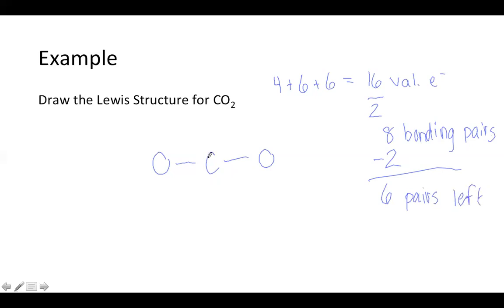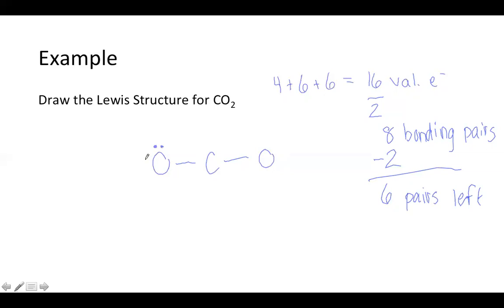All right, from there, we need to place lone pairs on the outer atoms to satisfy their octets, or duet for hydrogen, but we don't have hydrogen in this case. If we start with the left oxygen, currently it has 2 electrons being shared with it. So it wants 6 more.